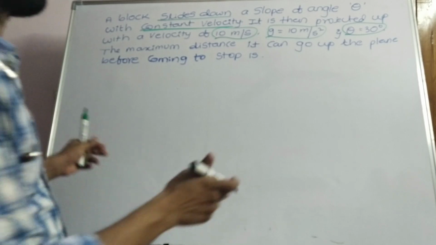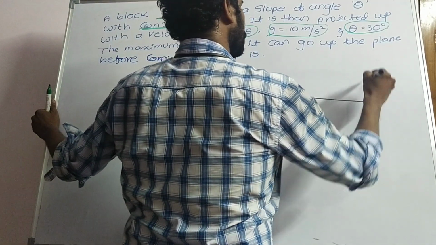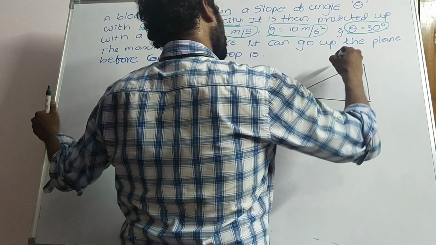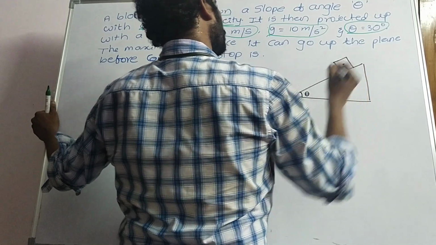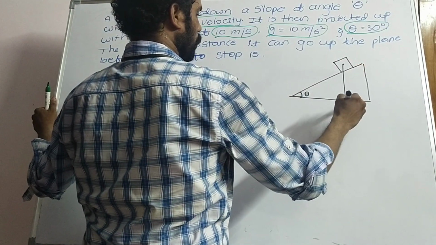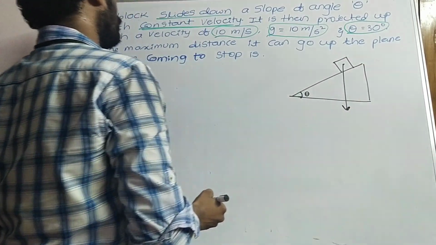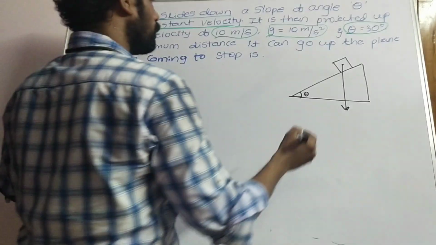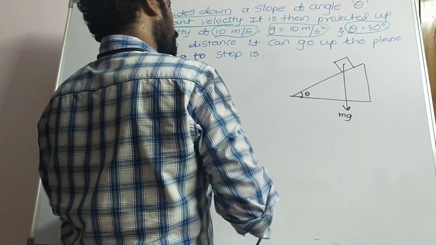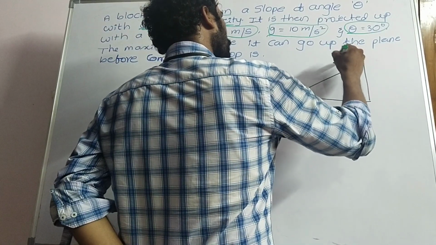So when it is moving with constant velocity, here we'll go through the diagram. See here, it is the angle of inclination theta. Here is the block. Of course, when the block is moving with uniform velocity, acceleration becomes 0. mg acts in the downward direction.